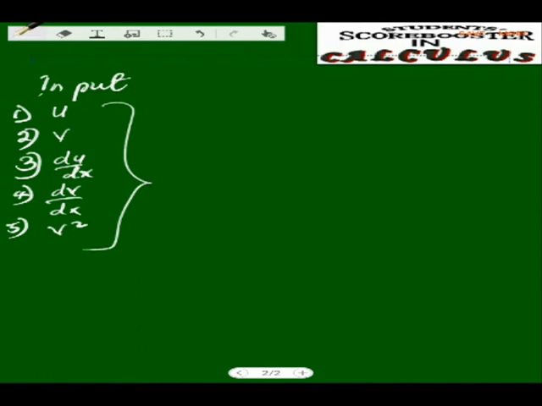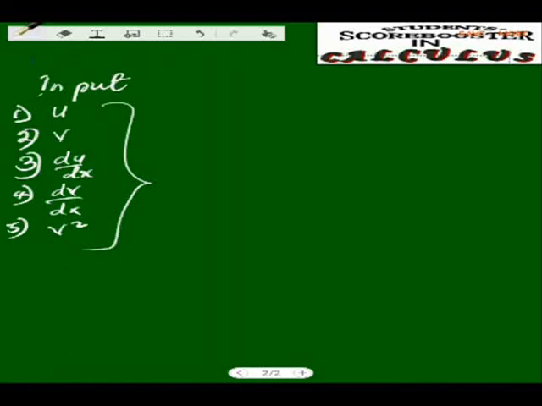So for us to be able to solve any question that involves quotient rule, we need these 5 inputs.